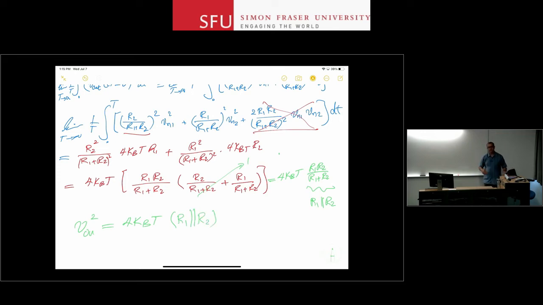I could have made my life easier if I knew this from the beginning, that the noise of a resistive network at the end of the story is equal to the noise of the equivalent resistance of that resistive network. So if you have a complicated resistive network, just simplify it first, then calculate the noise of that network. It's usually much, much easier.